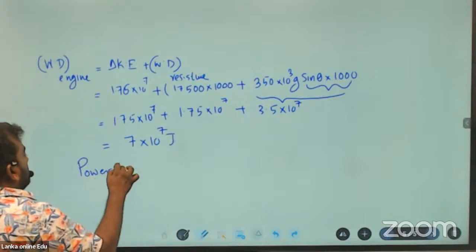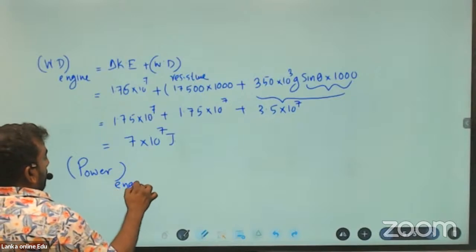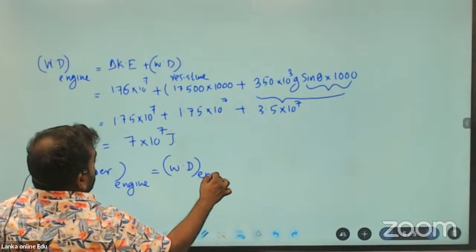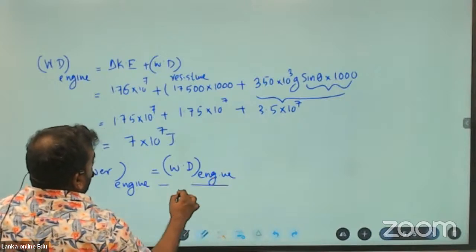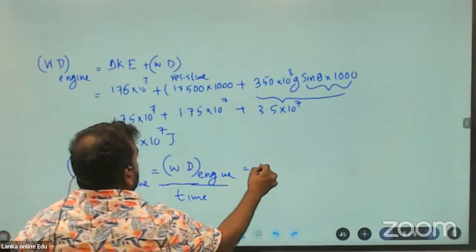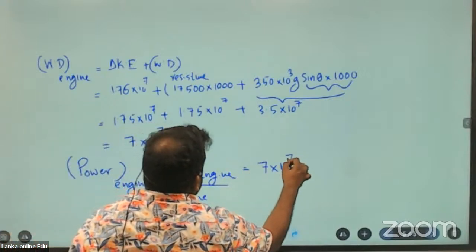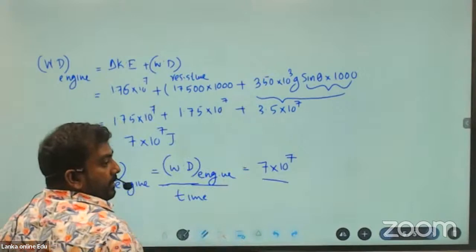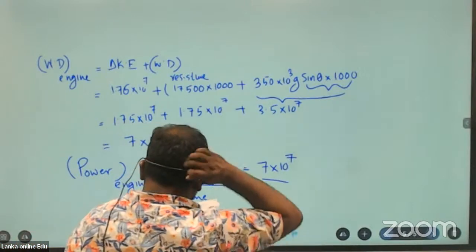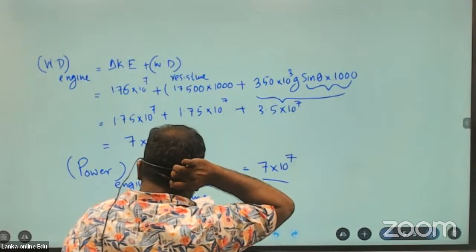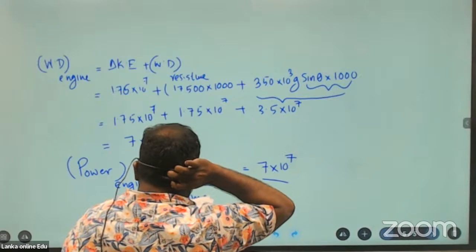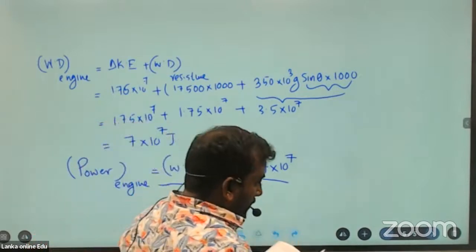Power developed by the engine is work done by the engine divided by time. Work done by the engine is 7 × 10^7. All this work divided by the time taken. Now time taken you have to find, otherwise you can't find the power. How will you find the time taken?